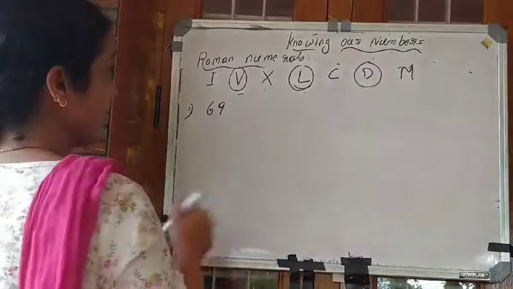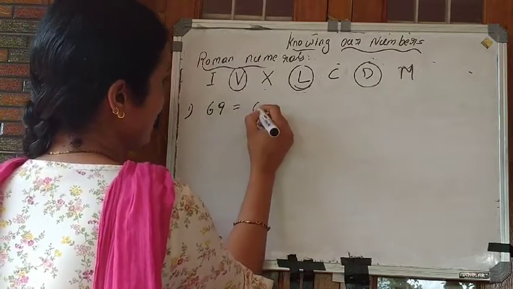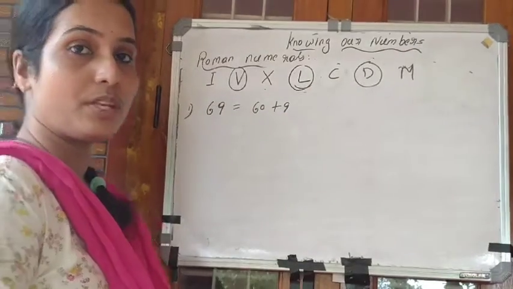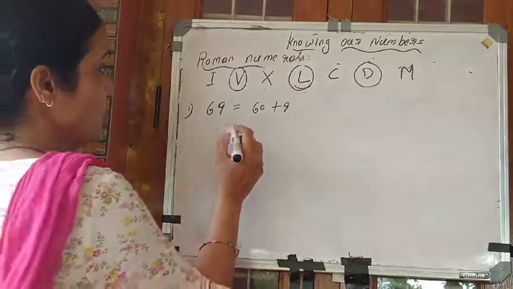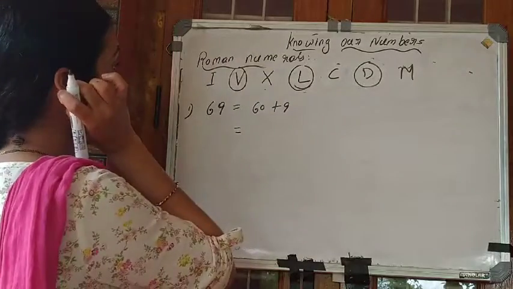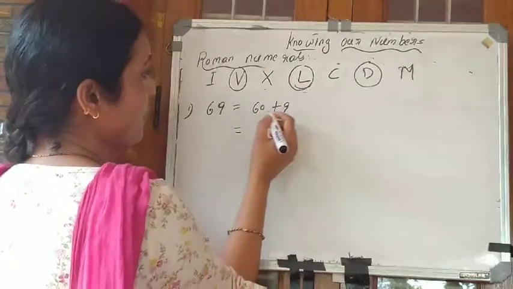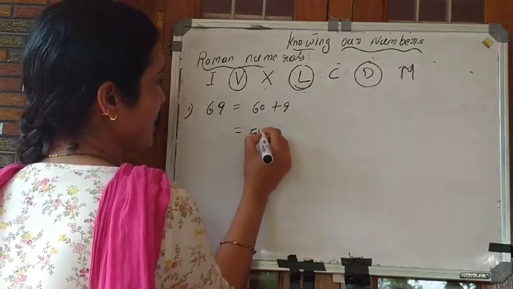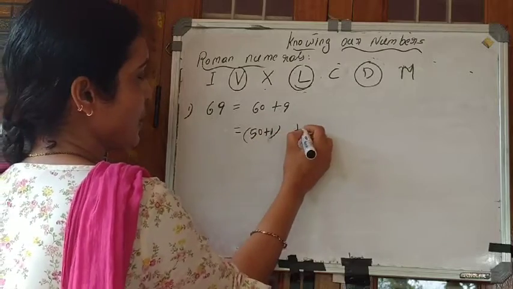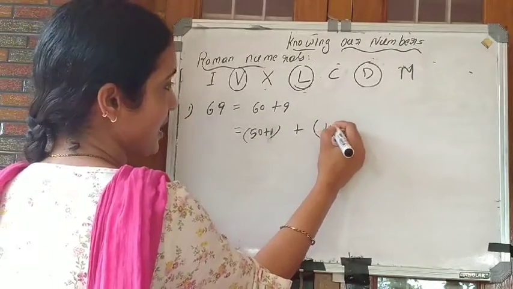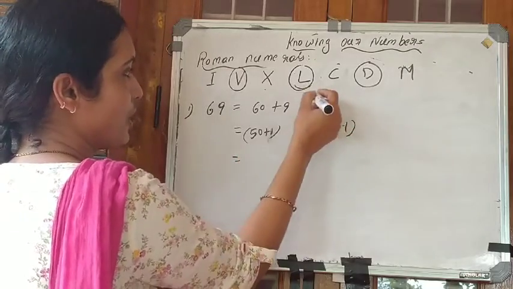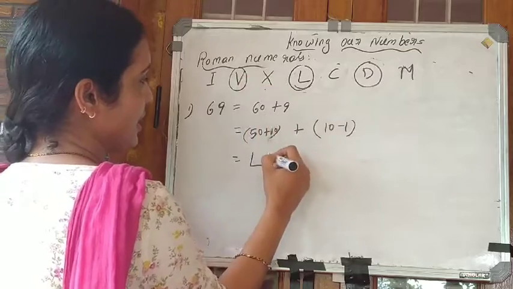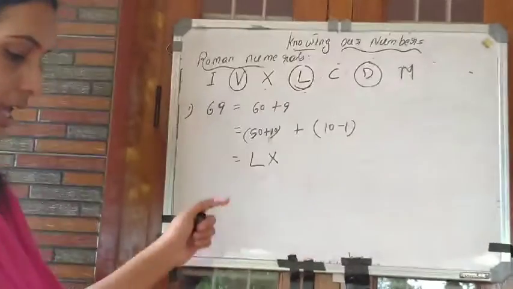The next is 69. How can we write 69? That is equal to 60 plus 9. How can we simplify 60 plus 9? How can we write 60? 60 is nothing but 50 plus 10. 50 is L, so 60 is LX.